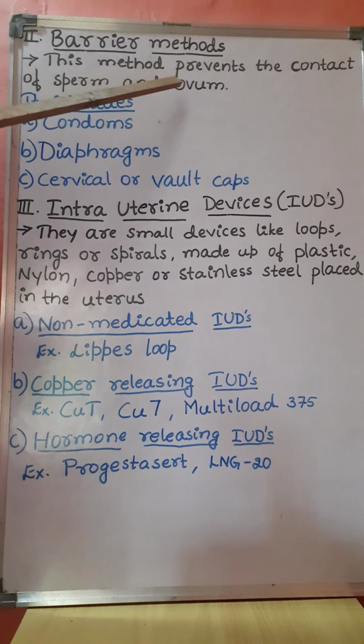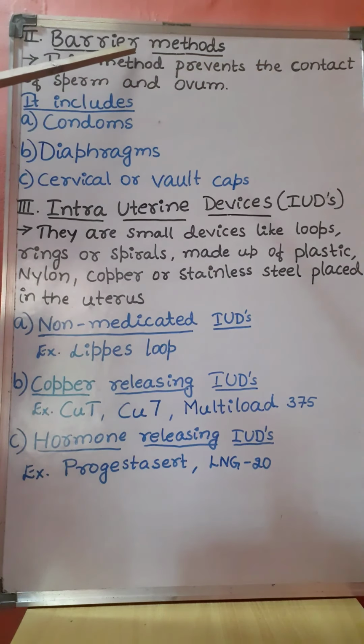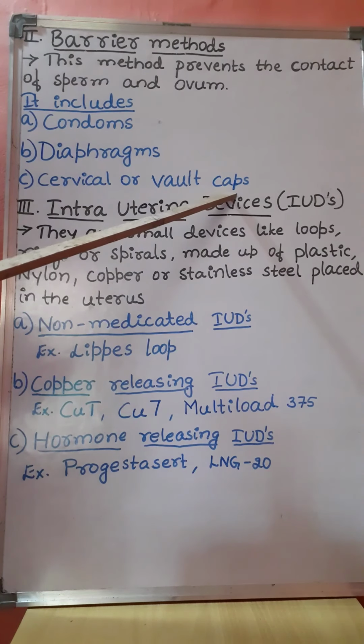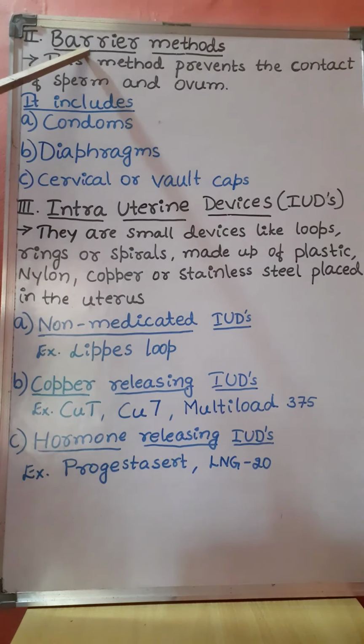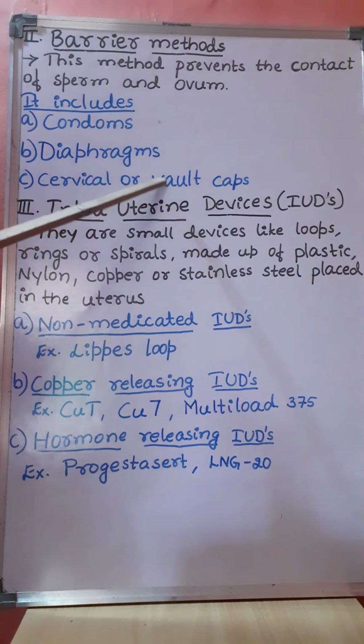If there is no fertilization, then there will be no conception. Barrier methods include condoms, diaphragms, and cervical or vault caps.